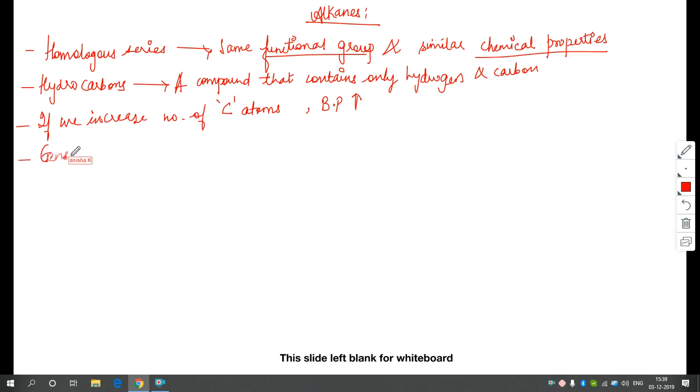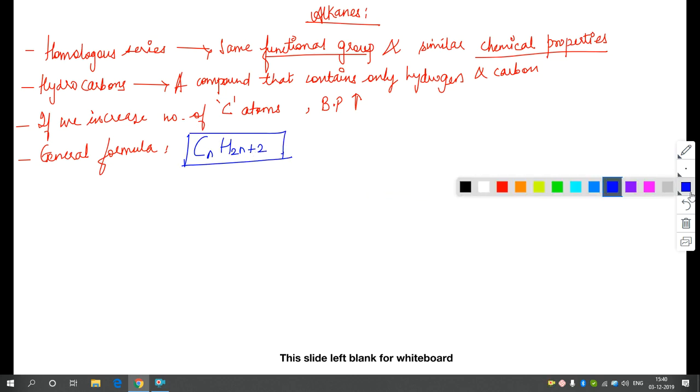The general formula for alkanes is CnH2n+2. This means the number of hydrogen atoms in an alkane is double the number of carbon atoms, plus two.